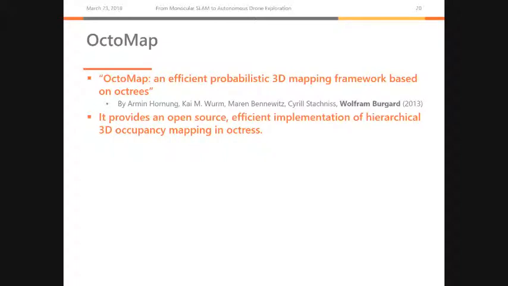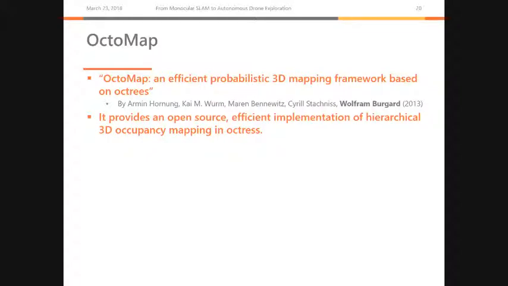Speaking of octrees, an octree is something like, if I can draw it, okay. Consider that we have a 3 by 3 cube.